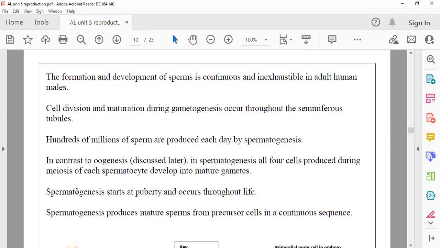Remember that ability is not there for females. In females, ovulation is within a limited age. Generally, if you meet a woman in her 50s, most of the time she would have reached menopause.